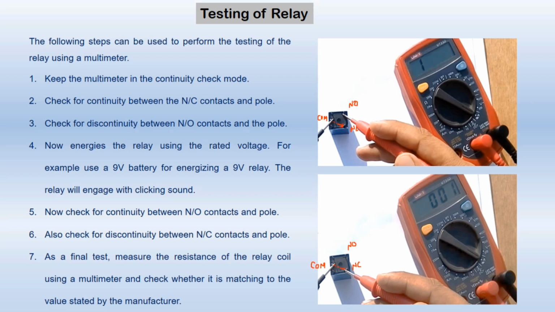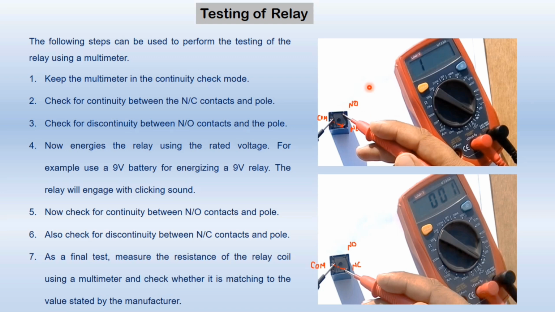As you already know, when a relay is in the off position, its common terminal is connected to the normally closed position. Here this common contact will be connected to the normally closed position internally, and there is no connection between the common terminal and the normally open terminal. As there is no connection, the meter should read infinite impedance. As it is showing 1, it means it has infinite impedance.